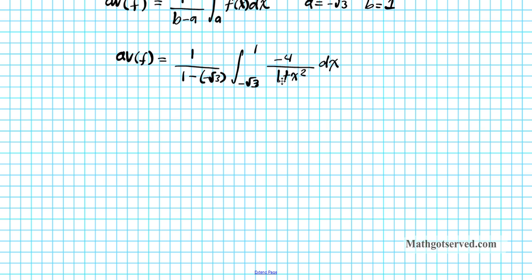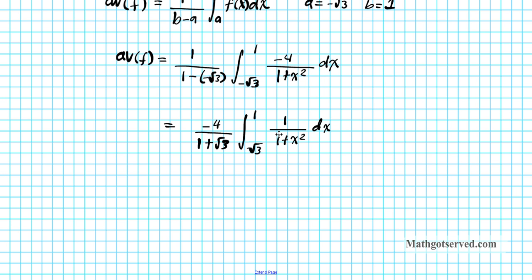To help jog your memory, I'm going to factor out this negative 4 from the integrand, so it becomes negative 4 over 1 plus root 3 times the definite integral from negative root 3 to 1 of 1 over 1 plus x squared dx.